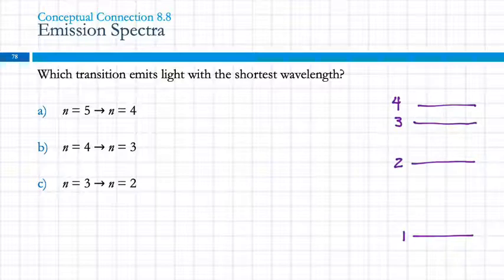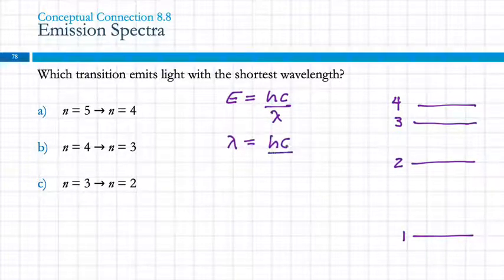This is asking which transition emits the shortest wavelength. E equals hc over lambda, or lambda equals hc over E. If the energy is big, is the wavelength big or small? Small.